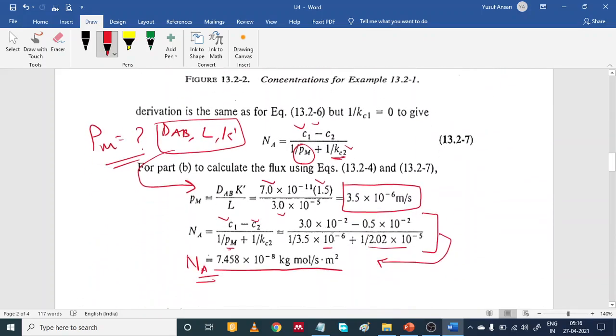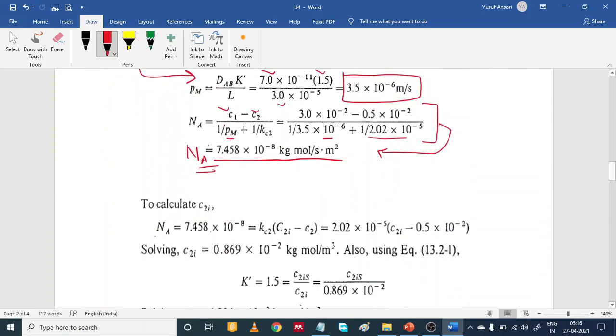It's very simple, because Na is known now, and there is a relationship. We know that Na is equal to Kc2 times (C2i minus C2). Now, this value is given, this value is given, but this value is not given. We have to find this value. That is our target.